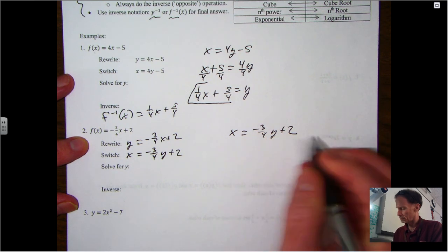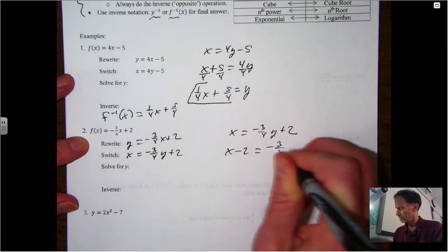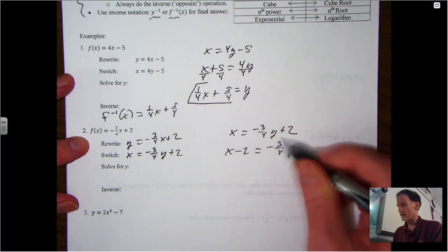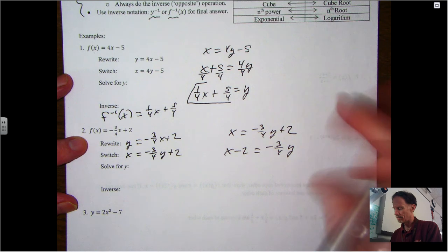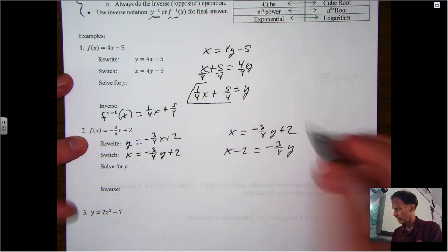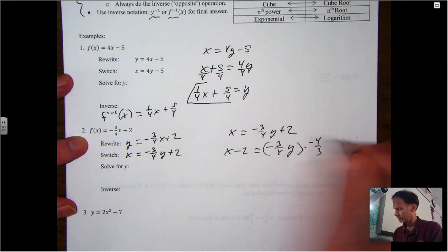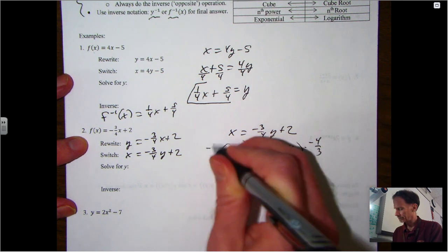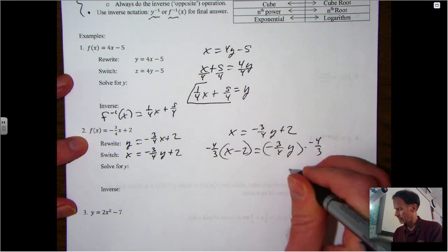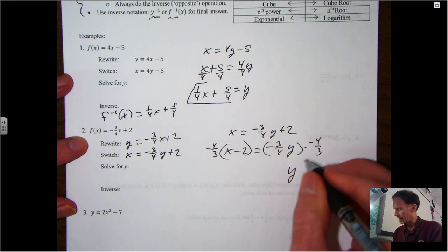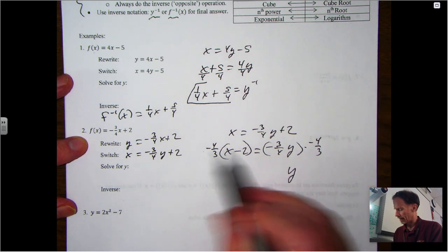So the first thing, we can subtract 2. And when you want to get rid of a fraction that's a coefficient, remember, we can just multiply by the reciprocal. That's the easiest thing to do. So on both sides, multiply by -4/3. And so my final equation, I can distribute that -4/3.